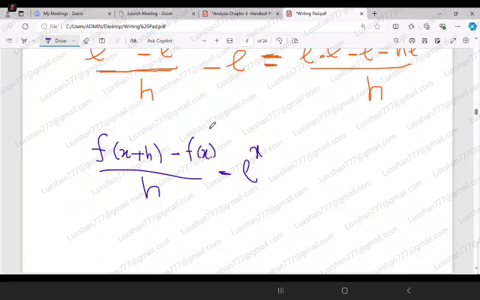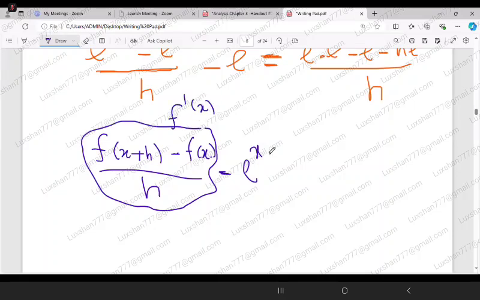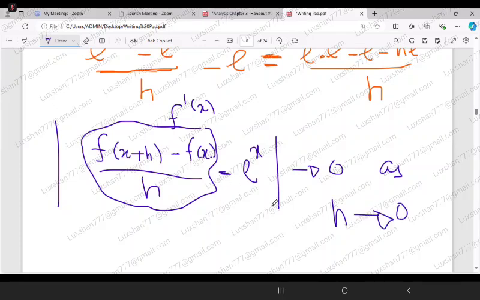Okay, so this is actually our f dash x. And if we can show this tends to 0 as h tends to 0, then we can say that the derivative of f dash x is equal to e to the power x.